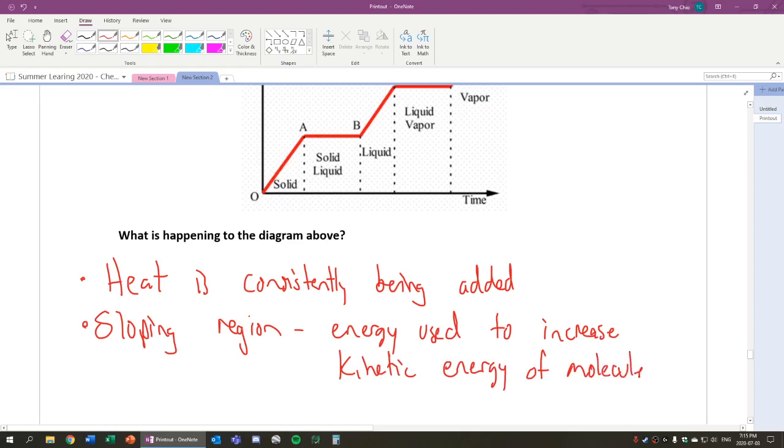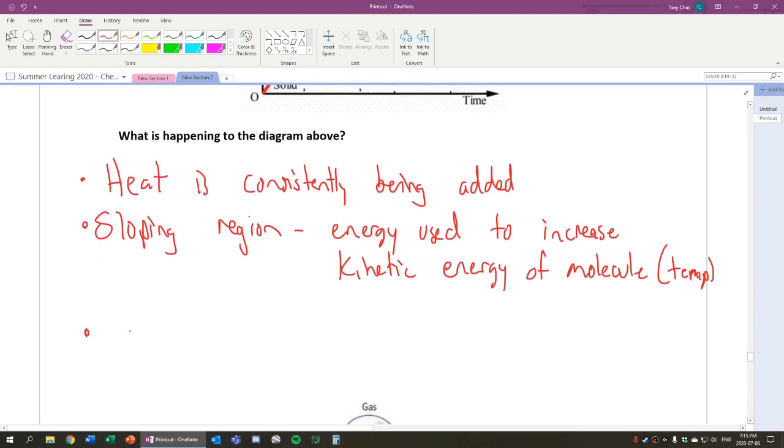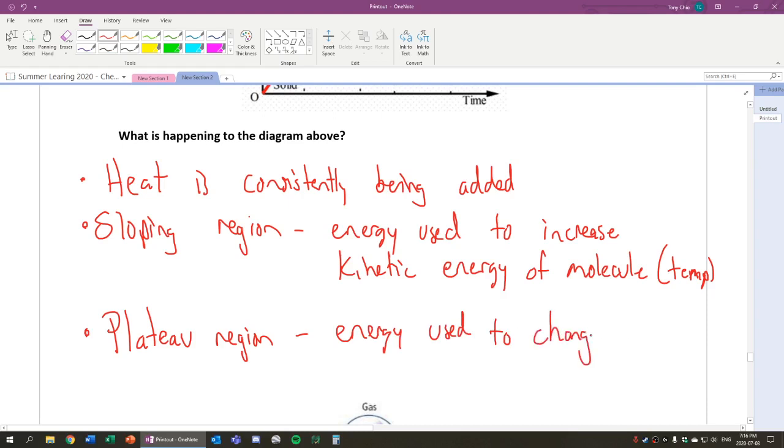And we call this, it's used to increase its temperature. Okay? But how about the plateau regions? The flat regions? The plateau regions is now energy is not used to change the kinetic energy, but energy used to change phase. Which means you're breaking bonds. So that's what's going on.